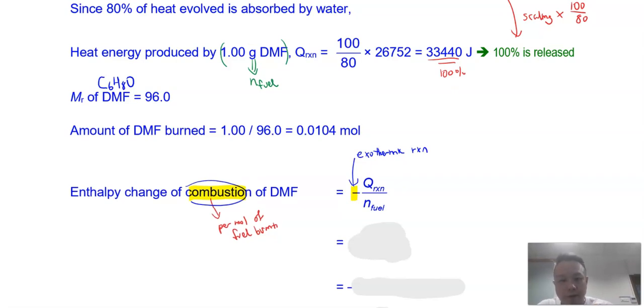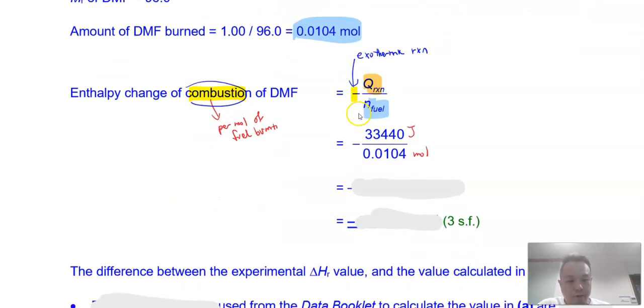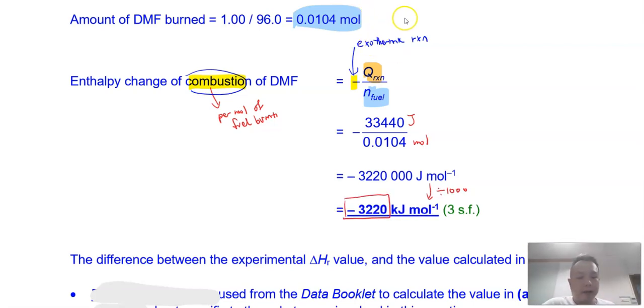Okay, so sub in the values of the Q reaction, sub in the number of moles of DMF. Remember, the units are J per mole. To convert to the standard kJ per mole, you divide by 1,000. Again, you get a value that is similar, very highly exothermic.